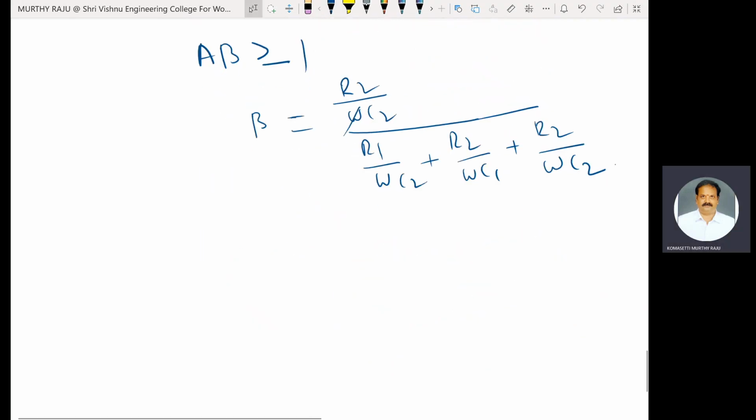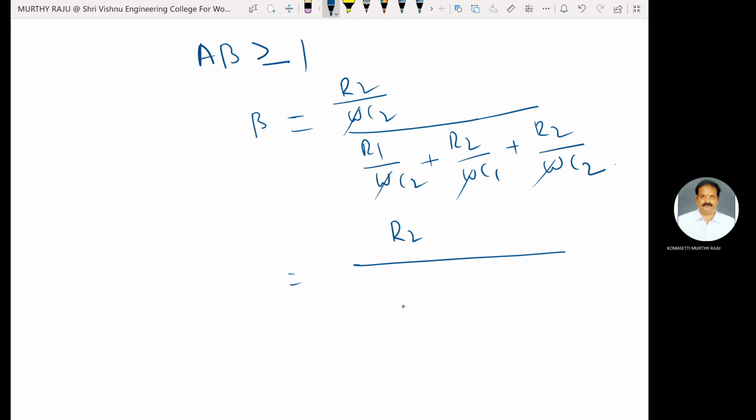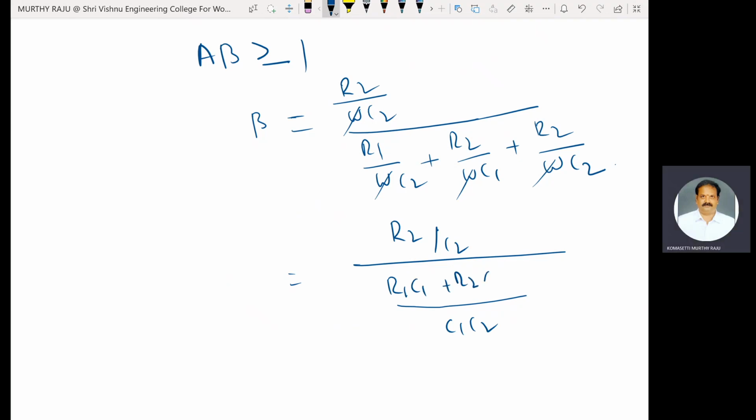In all the cases, omega is cancelled. Therefore, finally, beta is equal to R2 by C2, R2 by C2, R1 by C1, R2 by C2, R2 by C1.